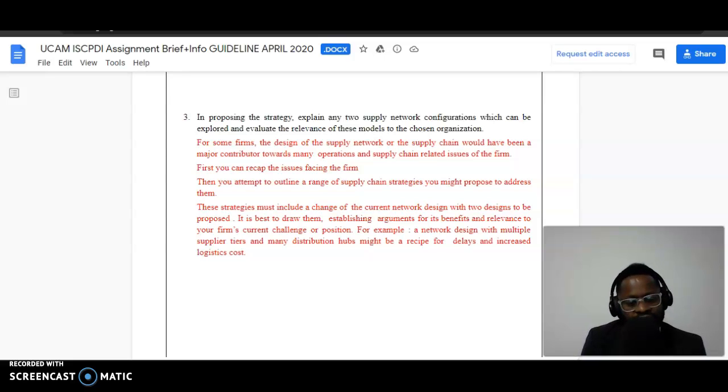So just an intro. Let me start with my first note. For some firms, the design of the supply chain network would have been a major contributor towards many operations and supply chain related issues of that company, right? And that is a reality.